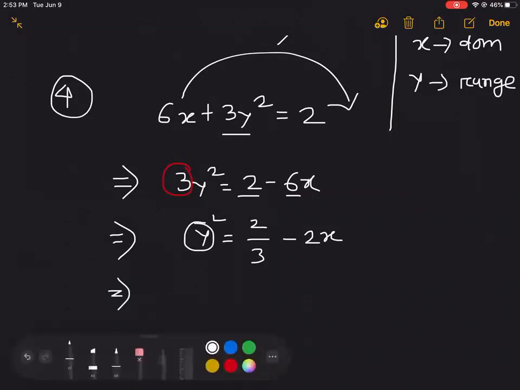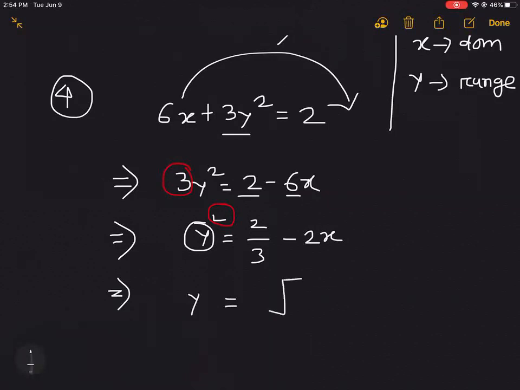So I need to get rid of this squared, and the only way I can get rid of this is if I take the square root on both sides, okay? So y equals plus or minus the square root of 2/3 minus 2x. And of course, we'll have a plus minus. Whenever you are finding a square root, we'll have two different values, plus minus values, okay.